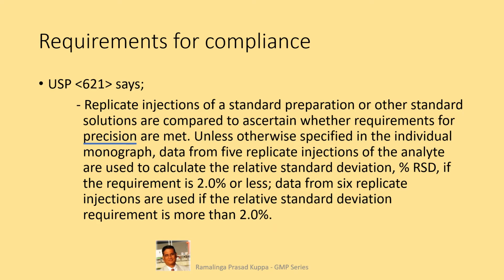Unless otherwise specified in the individual monograph, data from 5 replicate injections of the analyte are used to calculate the relative standard deviation, that is percent RSD, if the requirement is 2% or less. Data from 6 replicate injections are used if the relative standard deviation requirement is more than 2%.